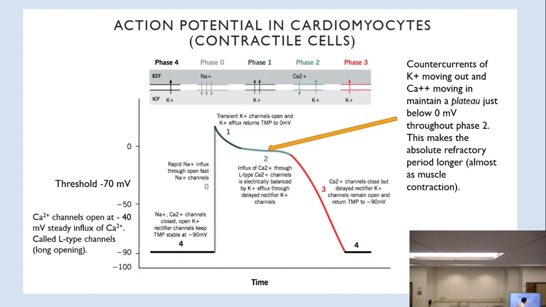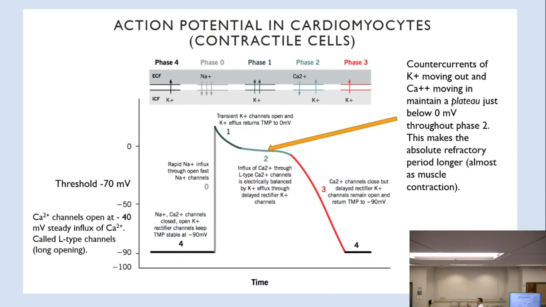That means that the absolute refractory period of the contractile cells of the heart is going to be up to this level, almost the same amount of time that the heart takes to contract and relax. So we make sure that the heart can work properly and that no other impulse can generate another beat while the heart is contracting or depolarizing.